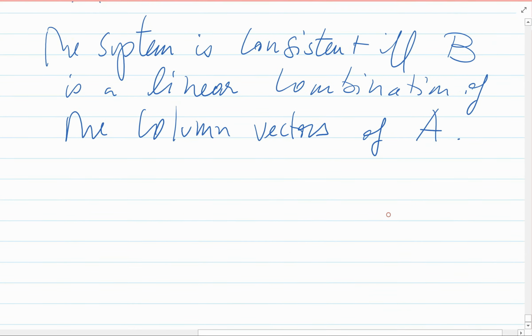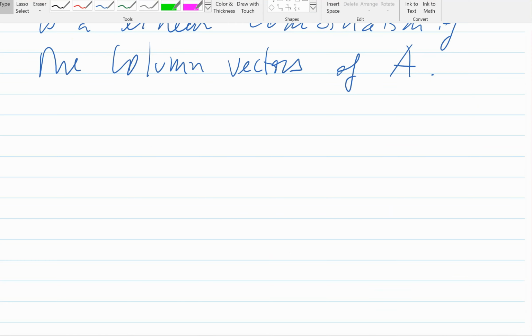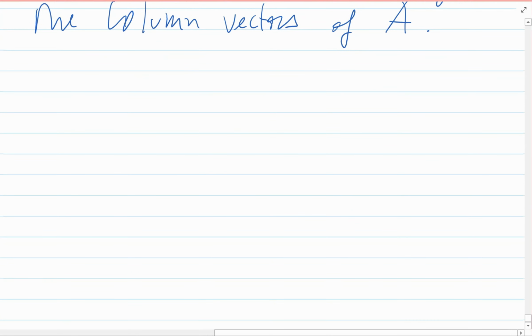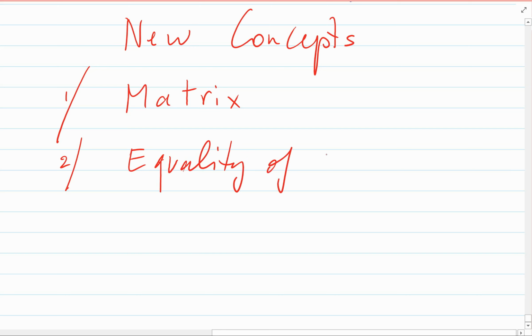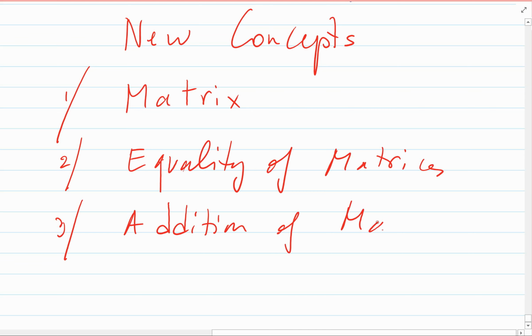So this is all a little bit of simple stuff. And now what are the new concepts that we learned in this lecture? Number one, what is a matrix? The definition of a matrix. Number two, what is equality of matrices? Number three, we talked about addition of matrices.